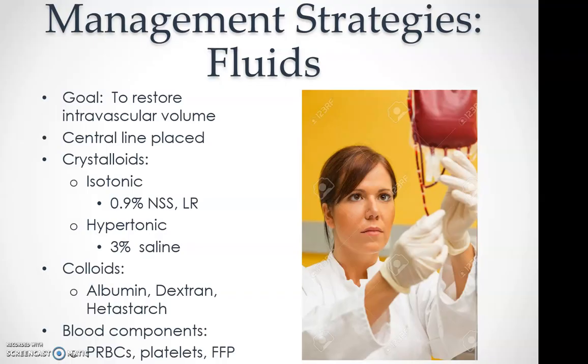We might give things like albumin, dextran, and hetastarch. They're all known as colloids. And then we have our blood components, packed red blood cells, platelets, and FFP. Sometimes patients don't need the whole component of packed red blood cells. They just need help with clotting, so they can get FFP and platelets.